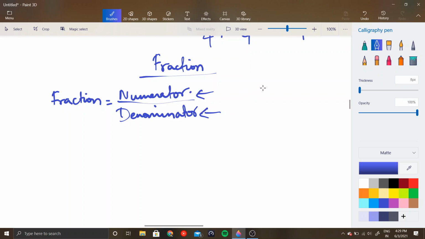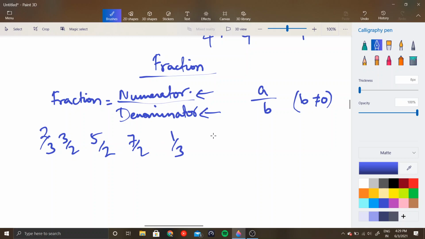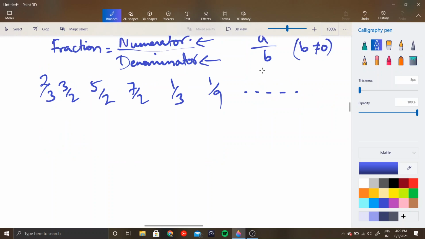So a typical fraction will be of the form a by b, where b is not equal to 0, right? That's a fraction. 2 by 3 is a fraction, 3 by 2 is a fraction, 5 by 2 is a fraction, 7 by 2 is a fraction, 1 by 3 is a fraction, 1 by 9 is a fraction, and so on, right? So you see that we are not taking b as 0.